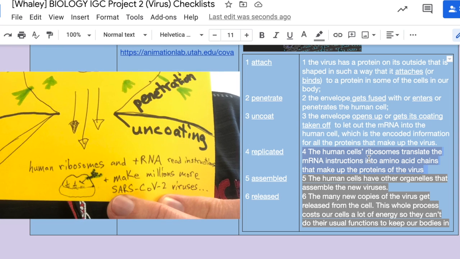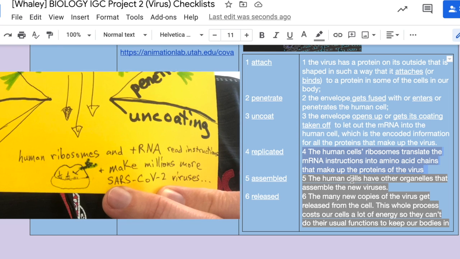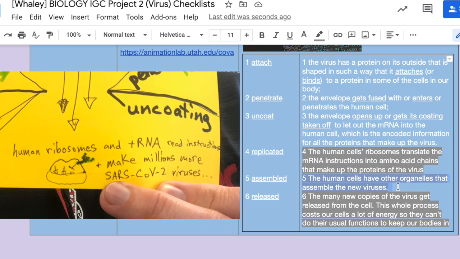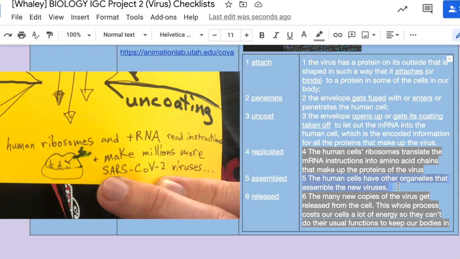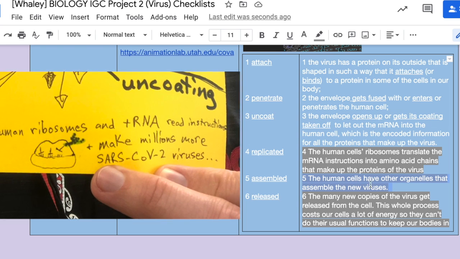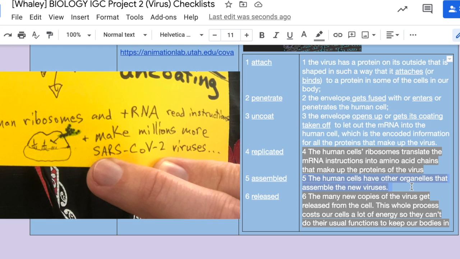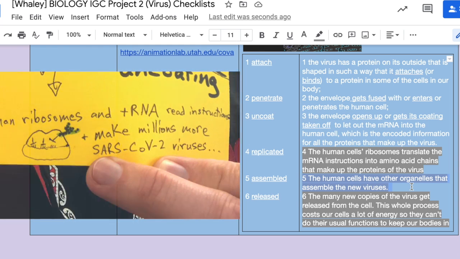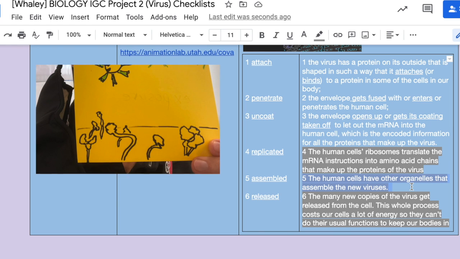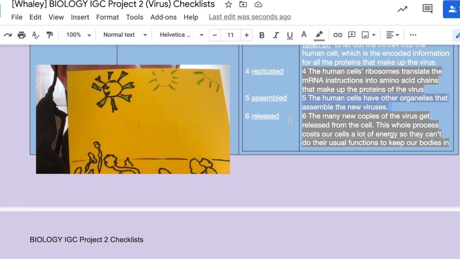It just rebuilds all the parts until our bodies put those parts together. They just keep following instructions until it's assembled into the new virus. The human cells have other organelles that put those proteins together into the new viruses. They just follow instructions. And then there's a release that happens.